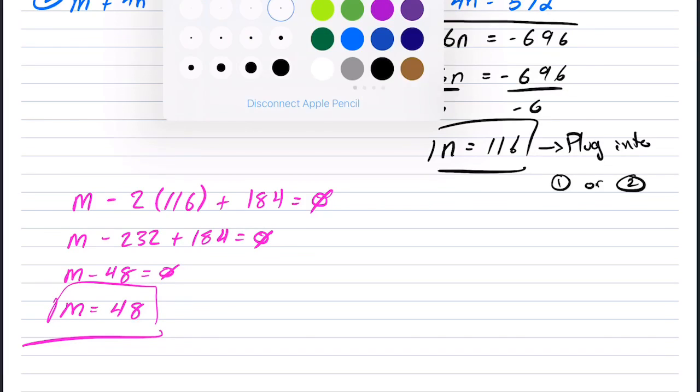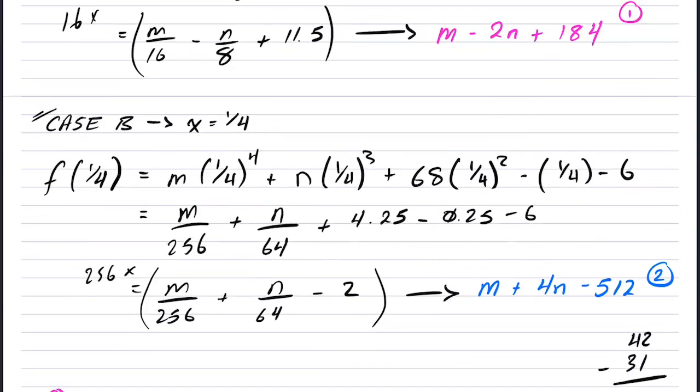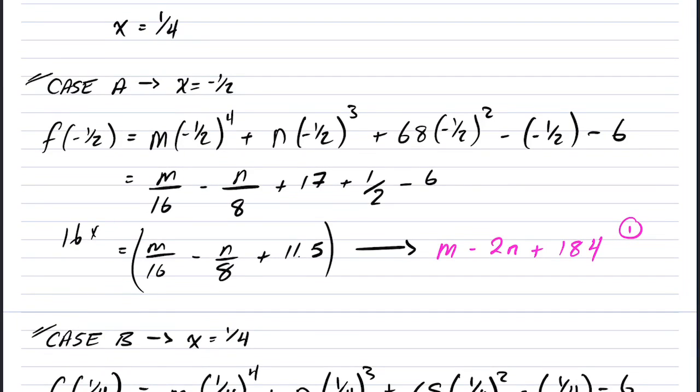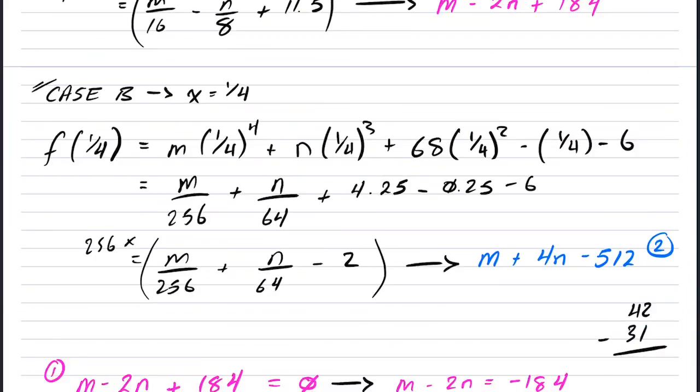You can double check this if you want by plugging in for case A or for case B. You actually have to do both of them if you want to check both of them. We just plug in those two numbers that we found for m and n. And if you get a function that's equal to 0 with both of them, then you're off to the races. You're perfectly good. Okay, so that's it.